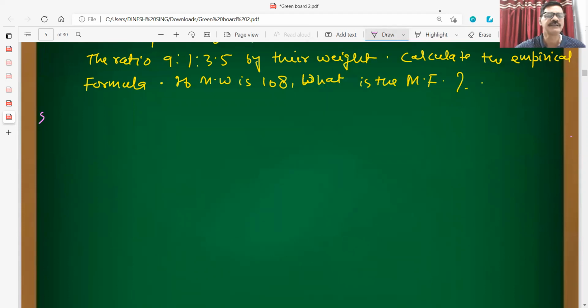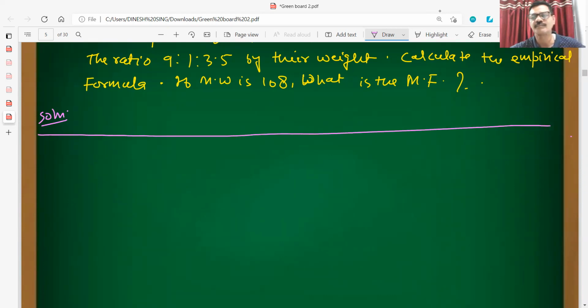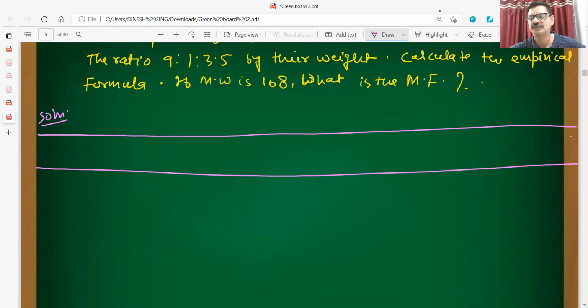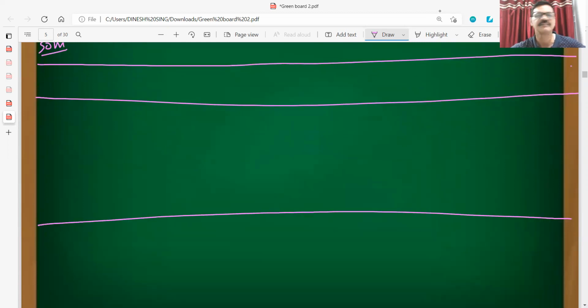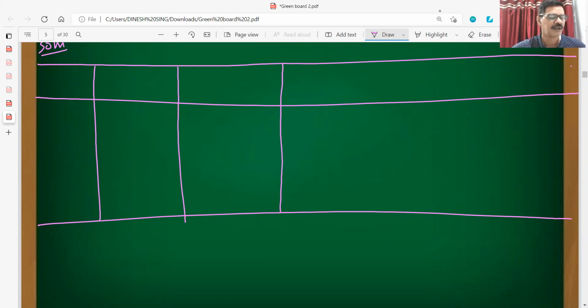So here we can see the solution. Again we can make one table here. There are only 3 elements. So here are the elements, weight ratio, relative number of atoms, and simplest ratio.